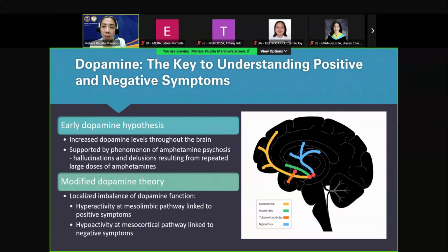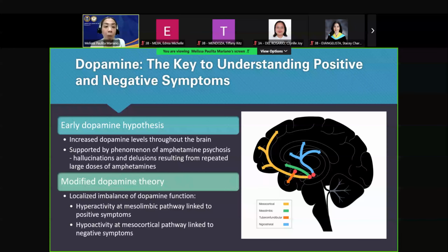How do medications for schizophrenia work? They work by balancing the dopamine in the brain. Of course, at this level, we'll not be talking about the antipsychotics, but it is crucial to understand that dopamine is still the key to understanding the pathophysiology neurochemically of schizophrenia. An early dopamine hypothesis posited that people with schizophrenia just have a high level of dopamine all over the brain.